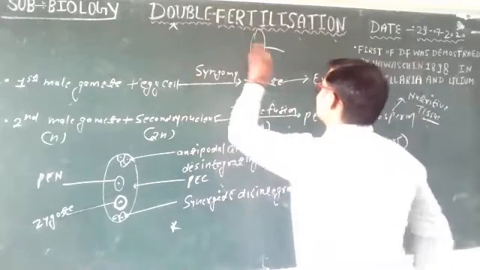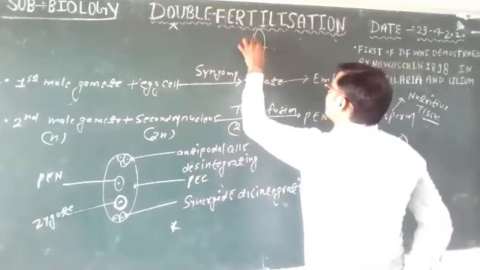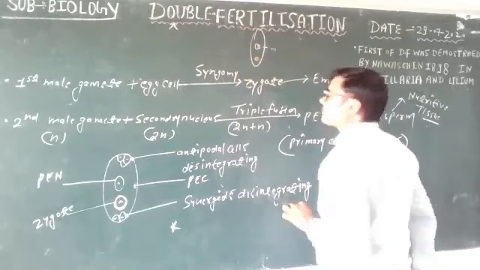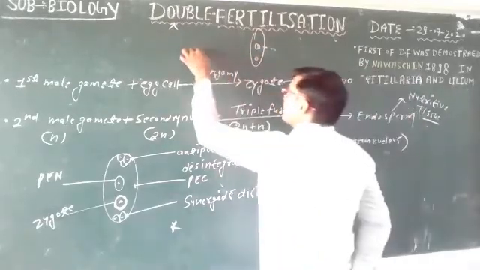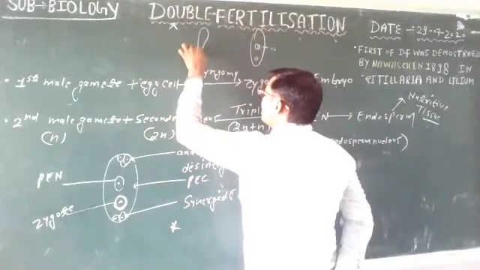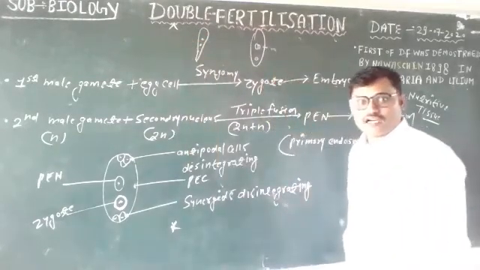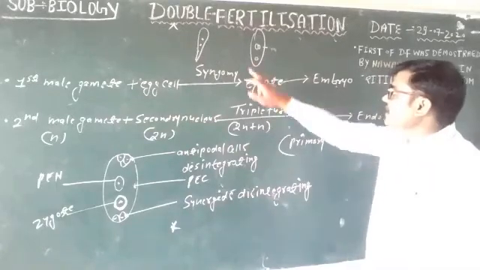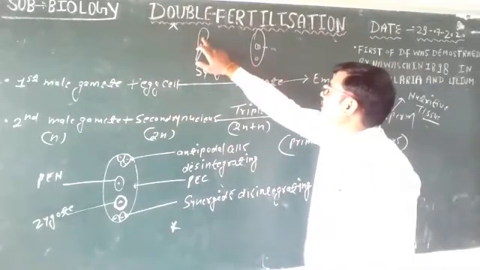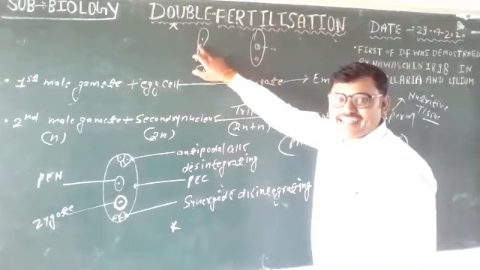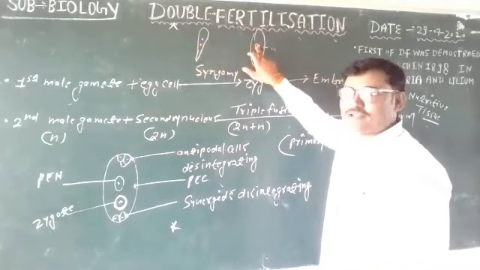How? You see these structures. Here I am making this: the 2 polar nuclei, 1 egg cell, and here this is the pollen tube. In the pollen tube, there are 2 non-motile male gametes. One non-motile gamete fused to the egg cell, and the second non-motile gamete fused to the polar nuclei.